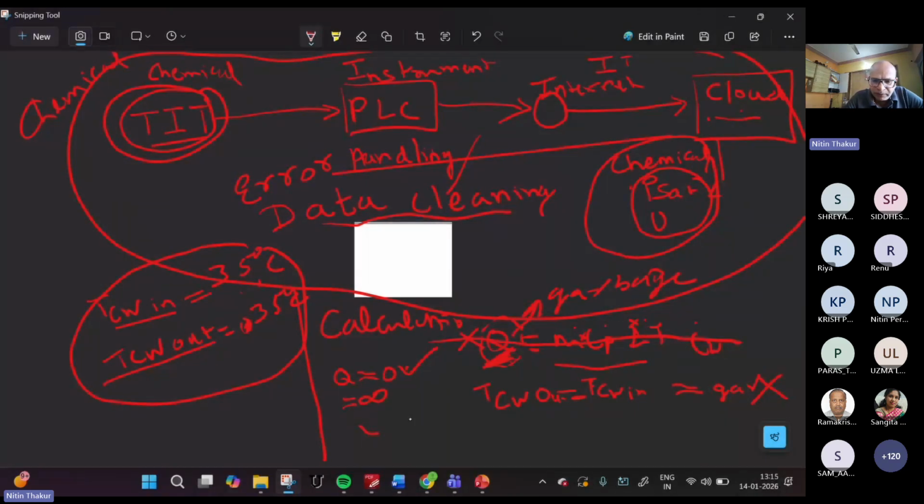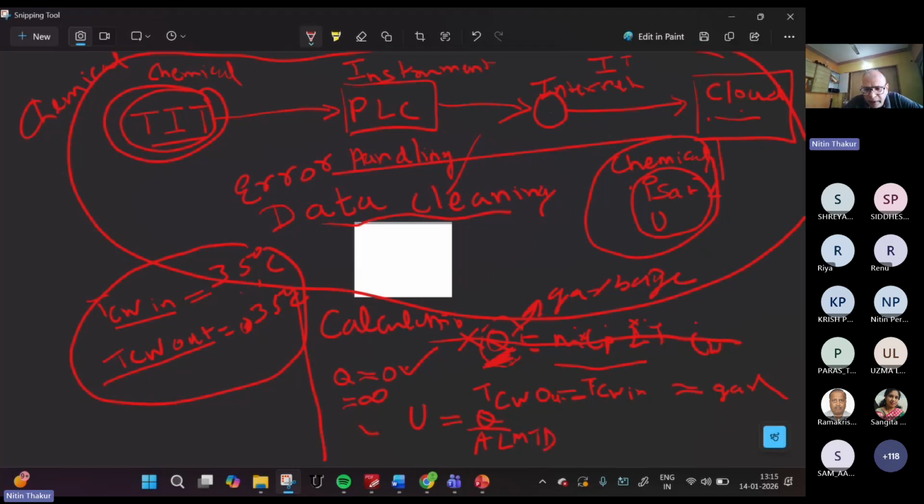Now, another example. Calculation of U. U is equal to Q divided by LMTD.